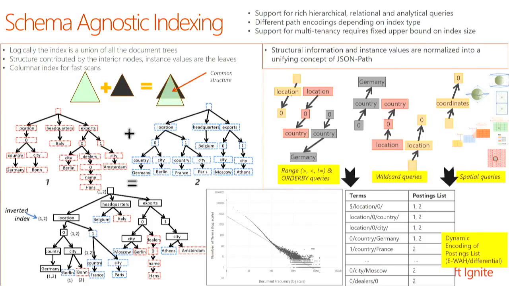In addition to just using this for range and equality operators, we also do a few things. So there's a few additional things that happen in indexing. One is for wildcard queries. This is for if you don't know the index value.